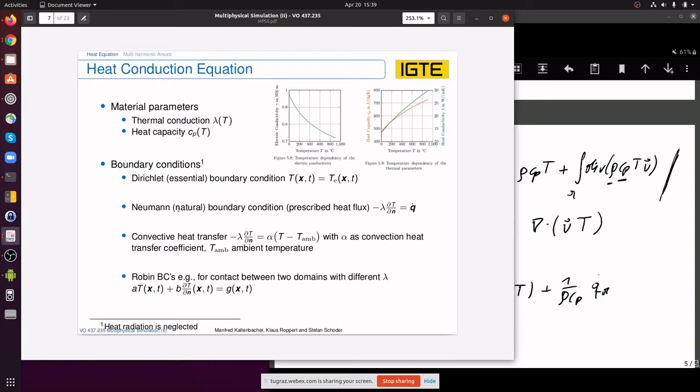The difference from the Neumann boundary condition, where we prescribe the heat flux vector with a given value, is that for convective heat transfer we don't know the right-hand side. We do not know the quantity of the heat flux over a surface.